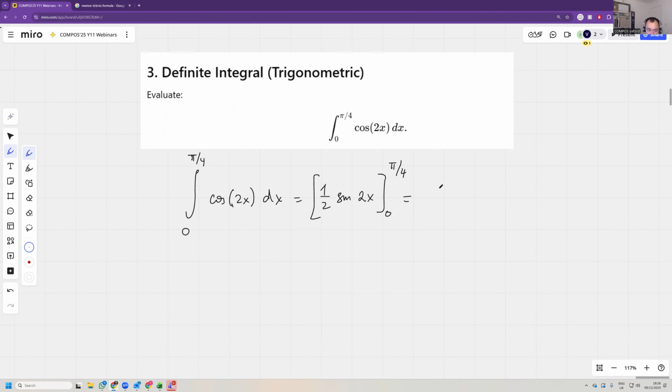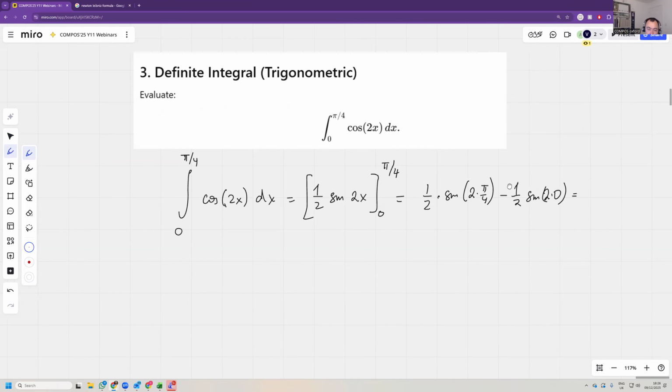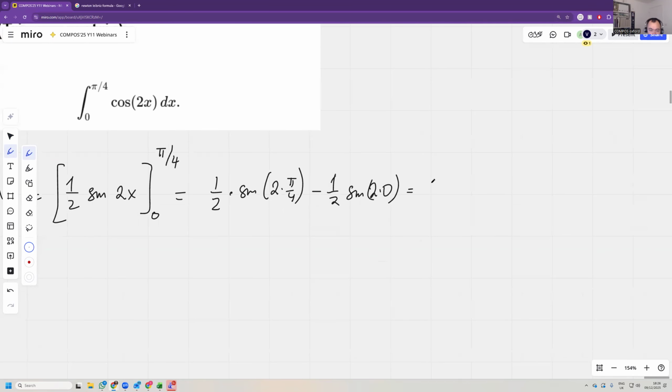We substitute pi over 4 first, so it's 1/2 multiplied by sine of 2 times pi over 4, minus 1/2 multiplied by sine of 2 times 0. Well, 2 times pi over 4 is pi over 2. So it's 1/2 multiplied by sine pi over 2, minus 1/2 sine 0, which is 0. Sine pi over 2 is 1, and therefore it's just 1/2. Ta-da, that's it.